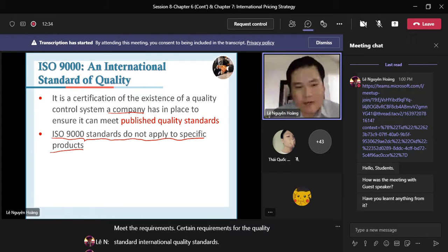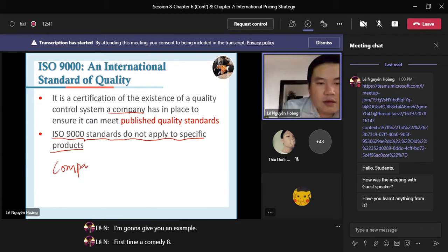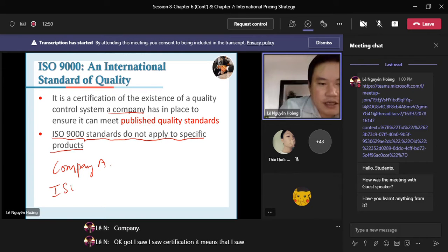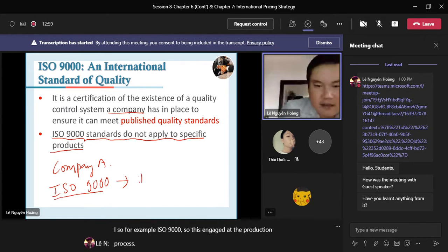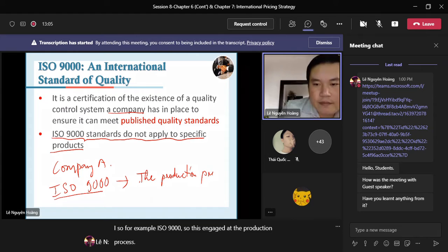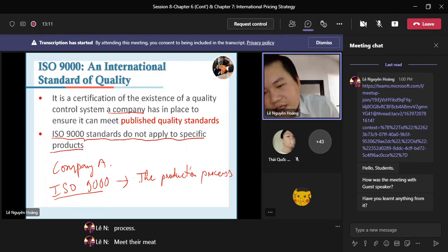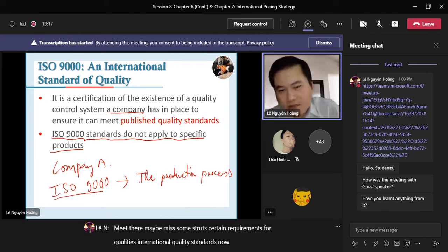I'm going to give you an example. Company A got ISO certification, for example ISO 9000. This indicates that the production process meets certain requirements for international quality standards, not the products.